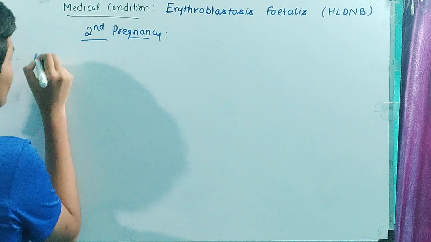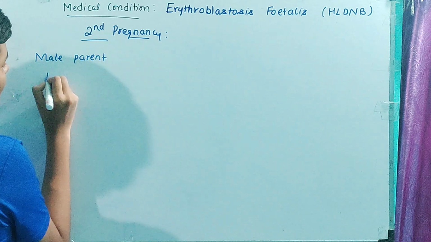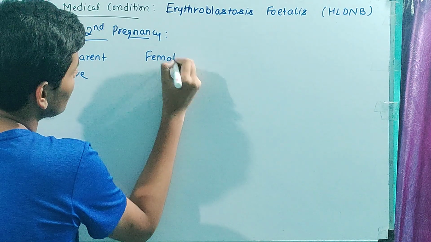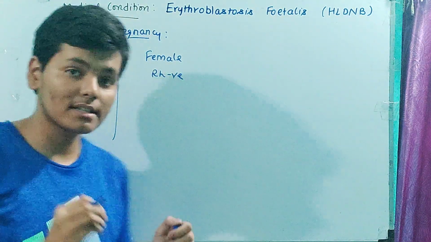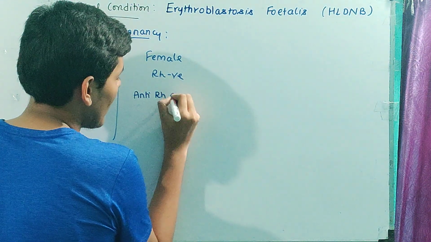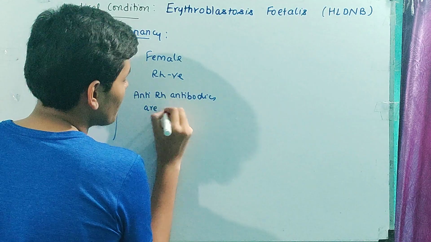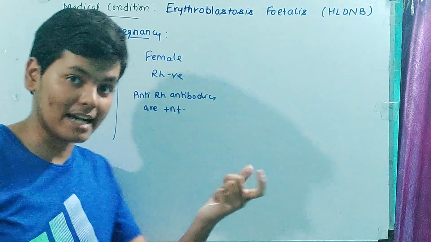Now the condition is the same: the male parent is again RH positive and the female parent is RH negative. But here the difference is that anti-RH antibodies are present. This time the mother's blood already has anti-RH antibodies.